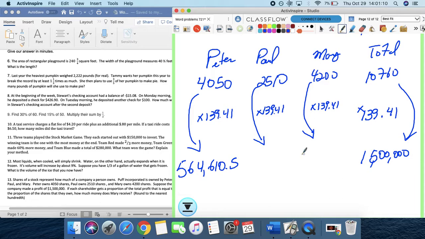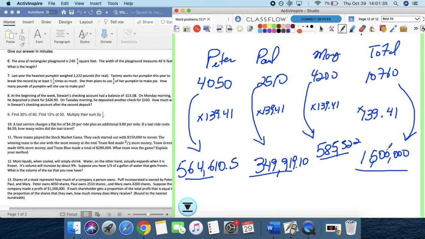His share of the whole thing is going to be 349,919.10. Okay, and we're probably going to be off a little bit. Then 4,200 times 139.41, and Mary gets 585,522. Now, we add this value, this value, this value, should give us 1.5 million.